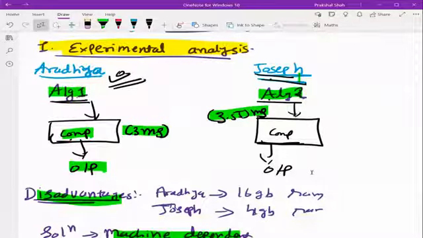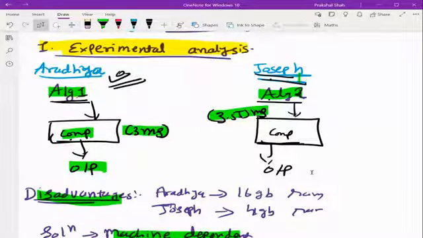There is no sense in comparing these two, because no matter what, Aradhya will be the winner because he has a car. No matter how hard Joseph works, he will not be able to win because he has a bicycle. His hardware specification is not justifiable, so we cannot compare these two.